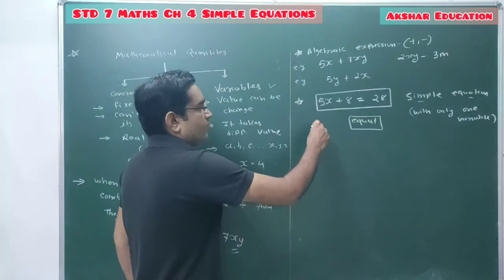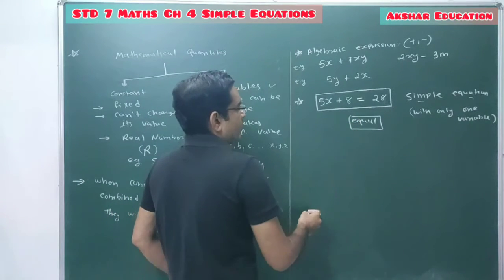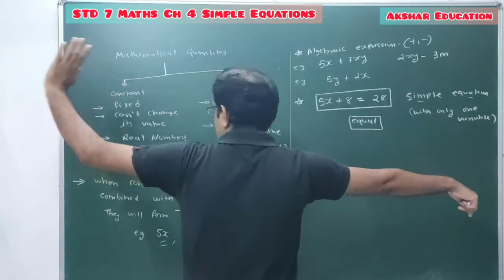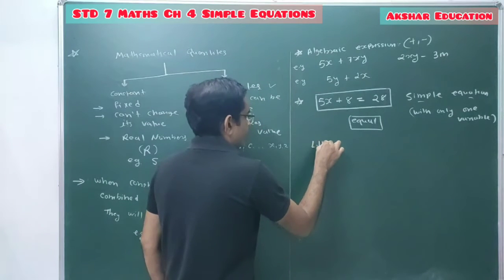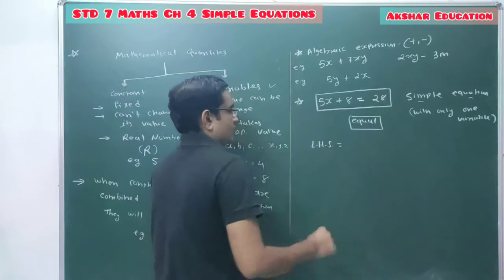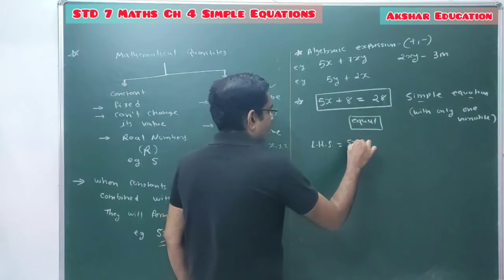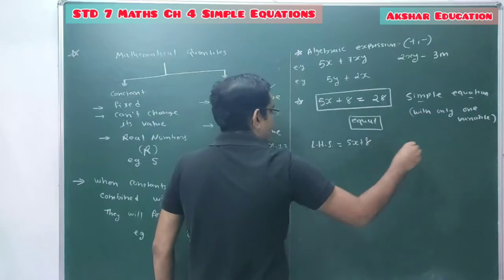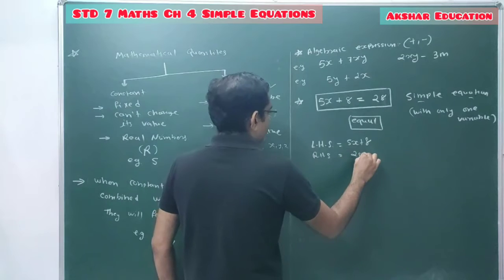Done? So any simple equation has basically two sides, with the equal to sign in between. From the equal to sign, this is the left hand side and this is the right hand side. The left hand side of this equation is 5x plus 8, and the right hand side of this equation is 28.